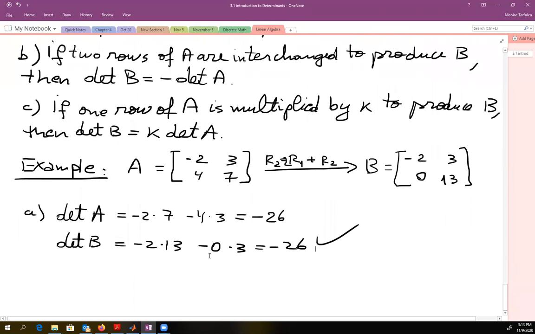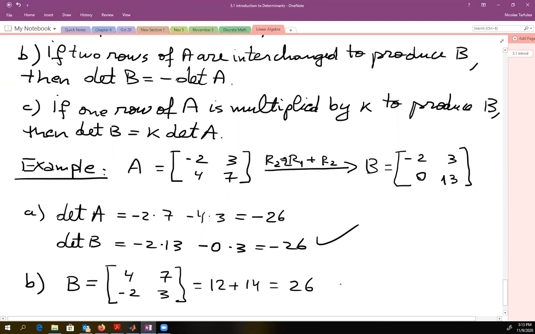Now, let's exemplify part B in this very particular situation. We obtain this matrix B by interchanging the rows of A. So I have here 4, 7, negative 2, 3.